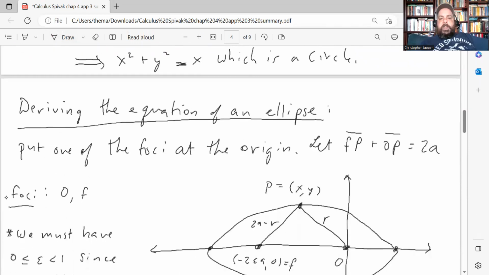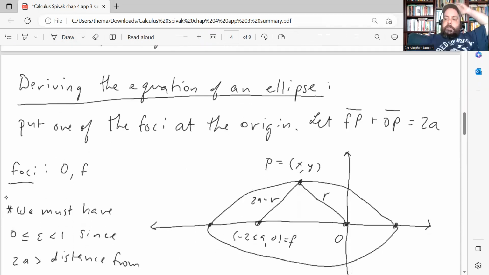So this is the big thing I want to basically spend the time on in this appendix, which is he derives the equation of an ellipse in polar coordinates. So let's do that. If you look at the picture here, I have a badly drawn ellipse. Just pretend that looks like a symmetric, nice smooth ellipse there. The point (x, y) is a point on the ellipse, and the points F and O are the foci.